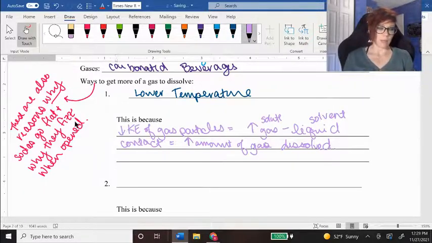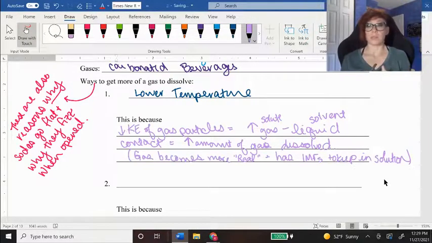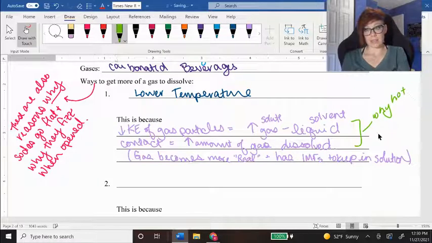Okay, and as we decrease our temperature, we're becoming more of a real gas, which has intermolecular forces and all that type of thing. So the gas becomes more real, which means that it has more intermolecular forces to kind of keep it in that solution. All of this is why hot sodas go flat.